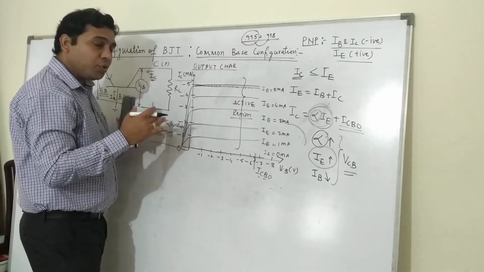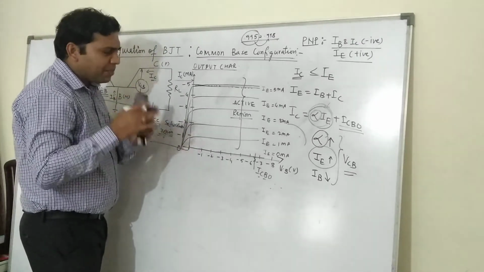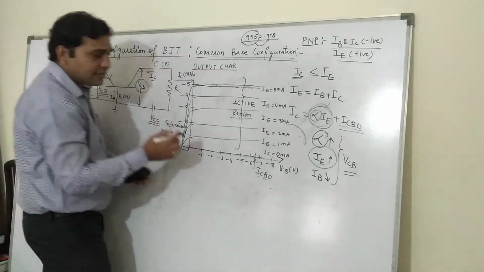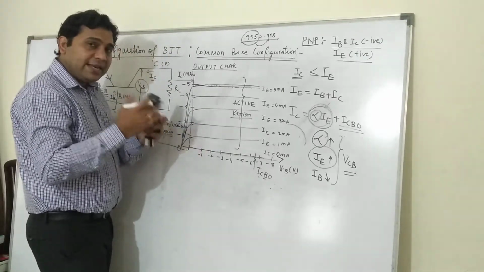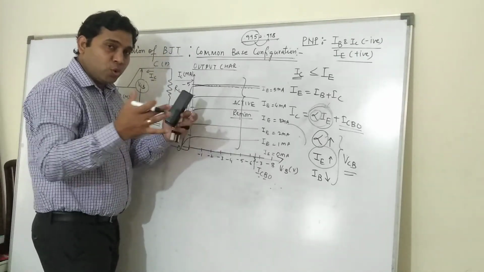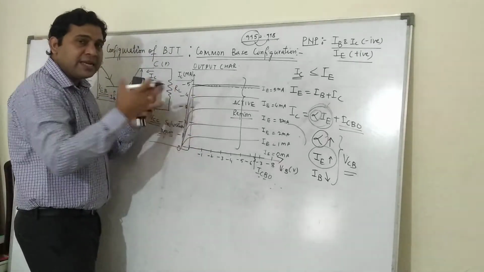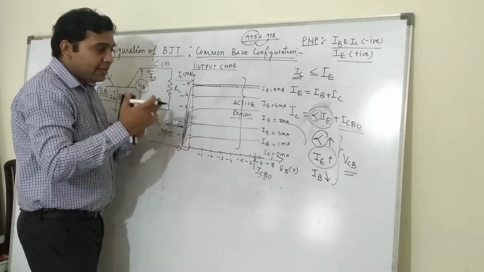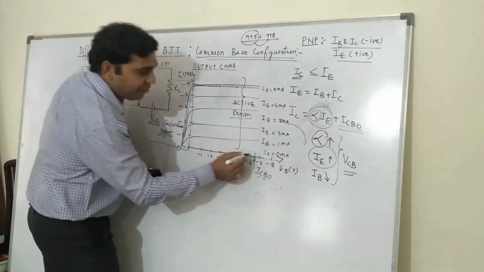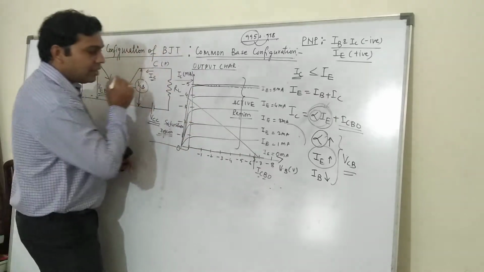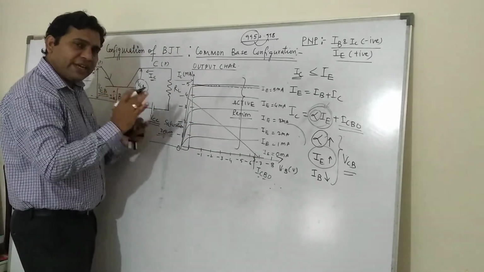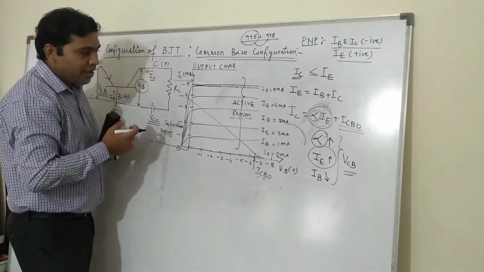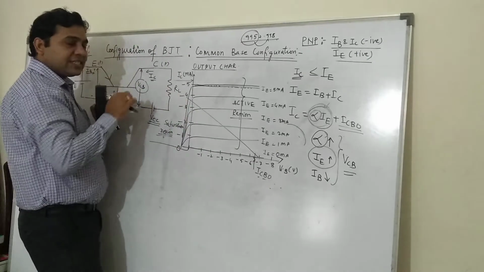Right now we do not know the concept of the load line, but let's say whatever load I am driving has a linear characteristic, and I want to put the transistor characteristics and the load characteristics on the same XY plot. Let's say the load line of the resistance is like this.